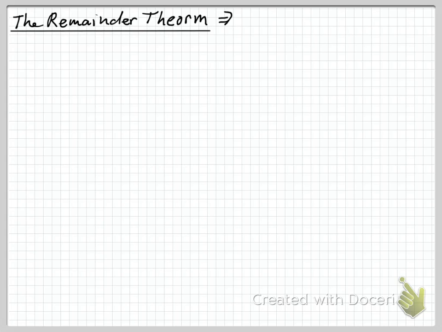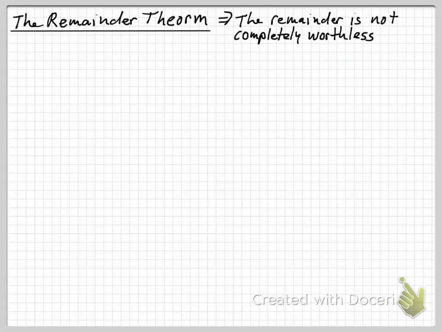Okay, so we also learned about this thing called the remainder theorem, and we're all bummed out because our factor did not divide in evenly, but I can get some information from this remainder. And this is the theorem.